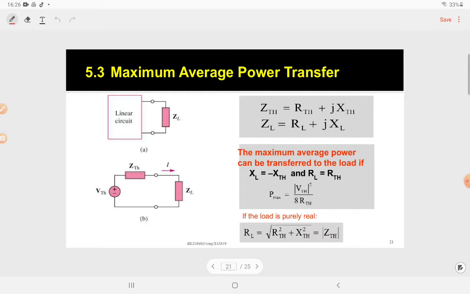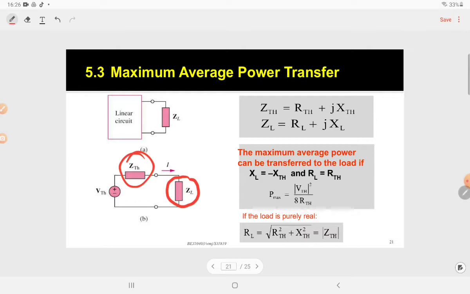So we know that in order to achieve maximum average power, you need to make sure the load impedance equals the Thevenin impedance. Then we can transfer maximum average power from the supply to the load.